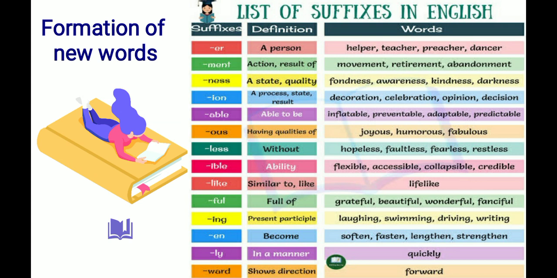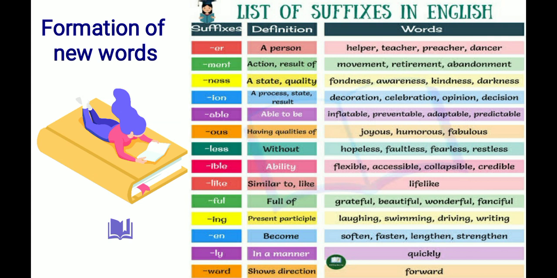Then full means full of. The new words can be grateful, beautiful, wonderful, fanciful. Then ing, which is also used as present participle. Laugh, then ing, laughing. Swim, ing, swimming. Drive, ing, driving. Write, ing, writing.